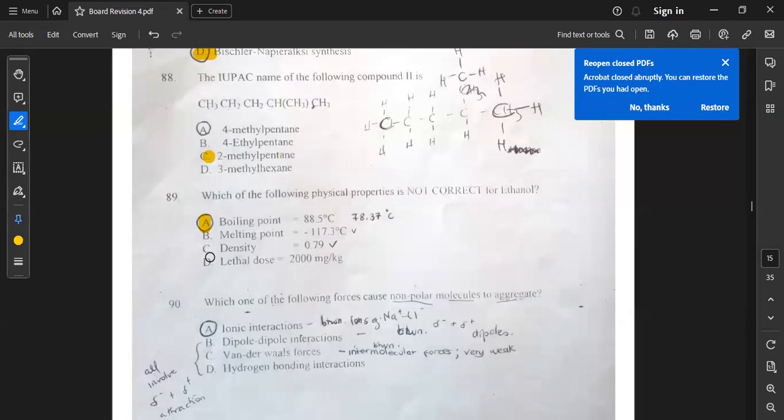Anyone else with a different opinion? Maybe Black Panther, you can explain why you think it's ionic.